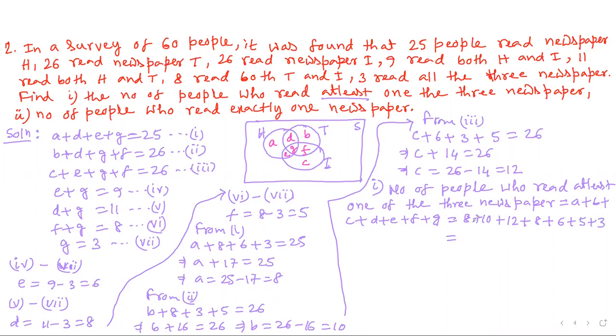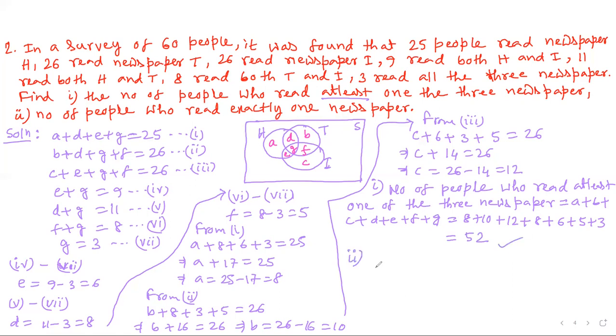Now add all the results. 10 plus 8 is 18, 18 plus 12 is 30, 30 plus 8 is 38, 38 plus 6 is 44, 44 plus 5 is 49, 49 plus 3 will be 52. So the number of people who read at least one of the three newspapers, union of H, T and I, is equal to 52.